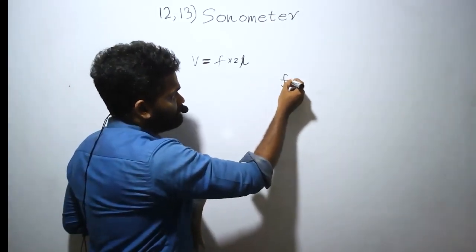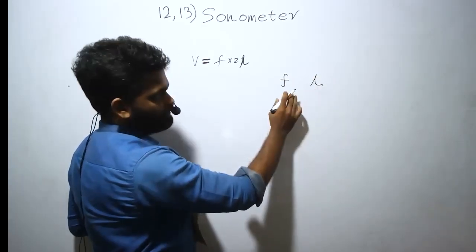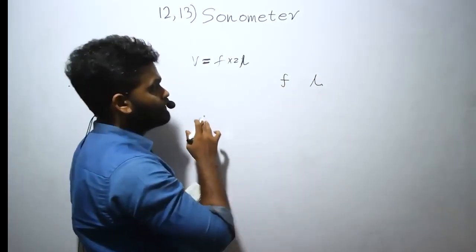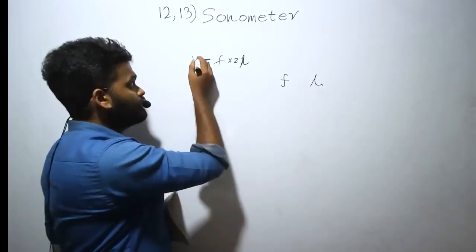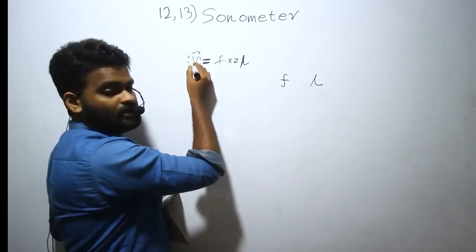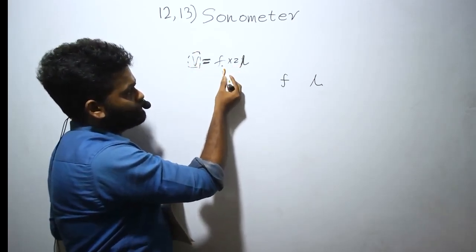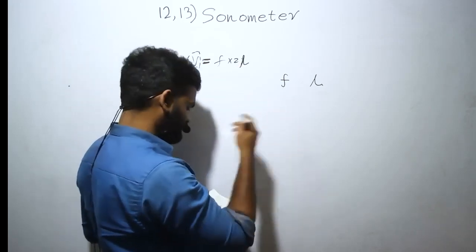So between frequency and L, we are going to verify the combination between frequency and the length. So here we are keeping velocity constant. When you put F to this side, what do you get? What's the verification?